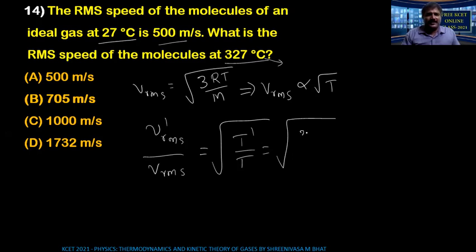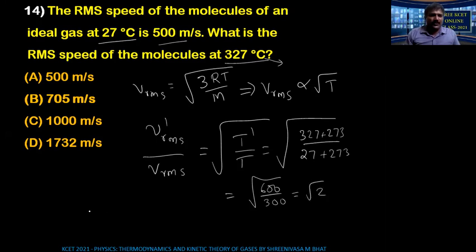T dash is 327 plus 273, divided by 27 in the first case plus 273. When you add up, this comes to 600. Root of numerator is 600, denominator is 300. That is nothing but root 2. Okay. So therefore, new value of RMS speed, VRMS dash equal to root 2 times VRMS.